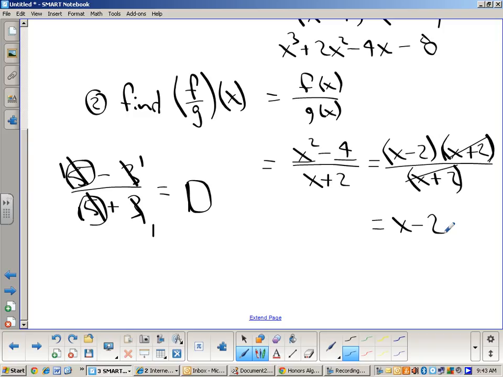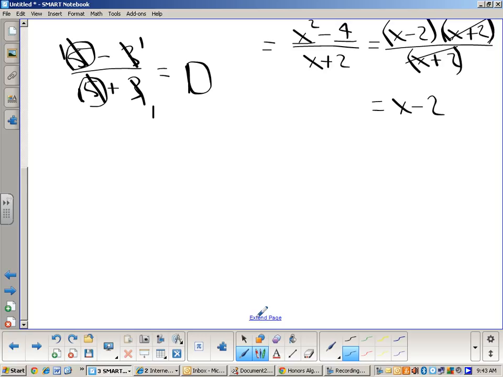How did we learn how to divide polynomials? What was that S word we used? Synthetic division, right? So I could take the coefficients of that. What are they? 1, and 0, and negative 4, right?